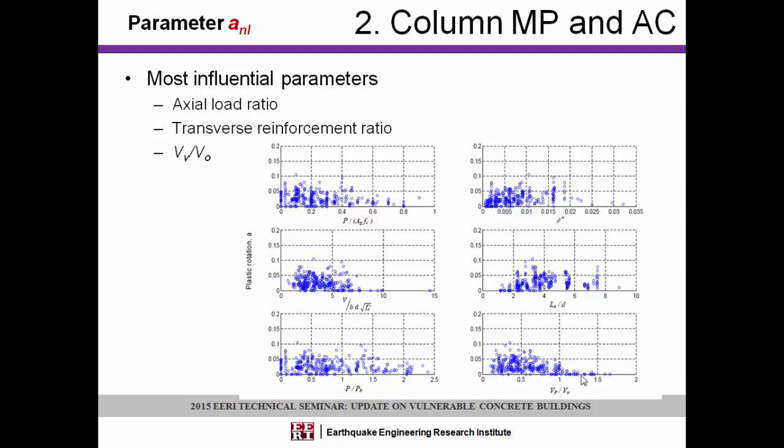So it's not necessarily the case that if you have a Vy over V naught of 1.1 you have a shear failure. You have a higher likelihood of having a shear failure than at 0.9, but it's not necessary. So what we're looking at here is the rotation. Actually, there's still some life here, 2-3% rotations, and it finally dies off at about 1.3 to 1.4. So we tried to bring this into the provisions.